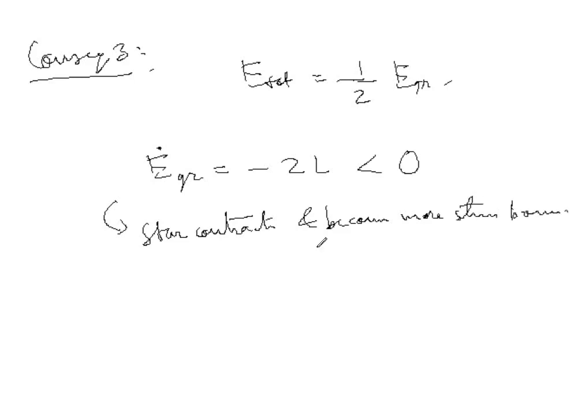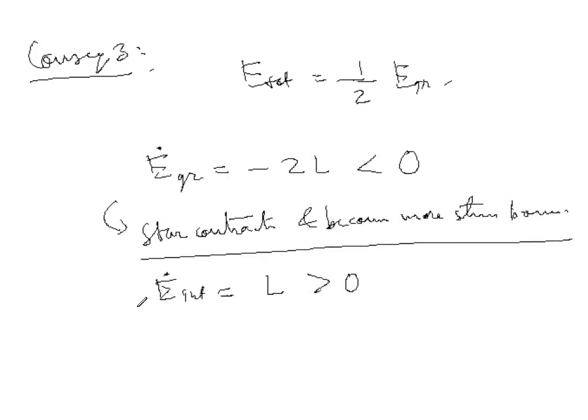Also, we note that dE internal by dt is basically your luminosity, and this is greater than 0, which I was talking about previously. So the first is that the star contracts and becomes more strongly bound.